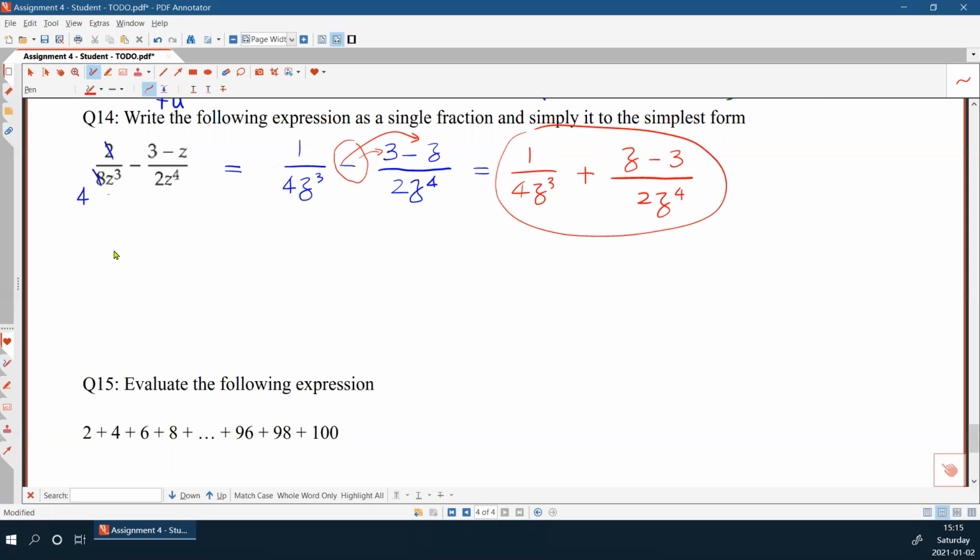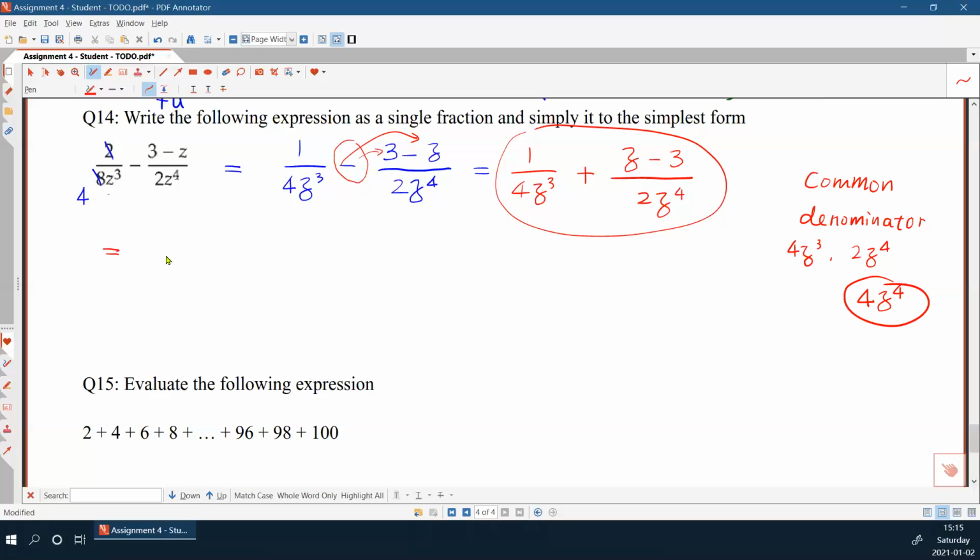And to rewrite as a single fraction, you need to find the common denominator. Okay, common denominator of 4z cubed and 2z to the fourth is apparently 4z to the fourth, right?